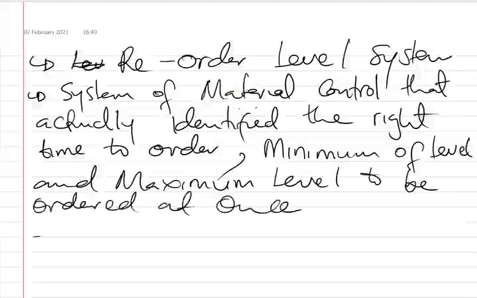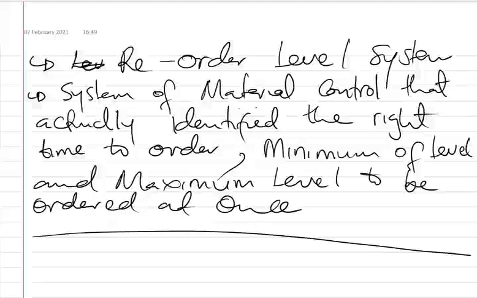So that's basically right. It is a system for material control that actually identifies the right time to make an order. That's the first thing. It will also tell you the minimum level of inventory for you to keep, and it will also tell you the maximum level of inventory for you to keep.